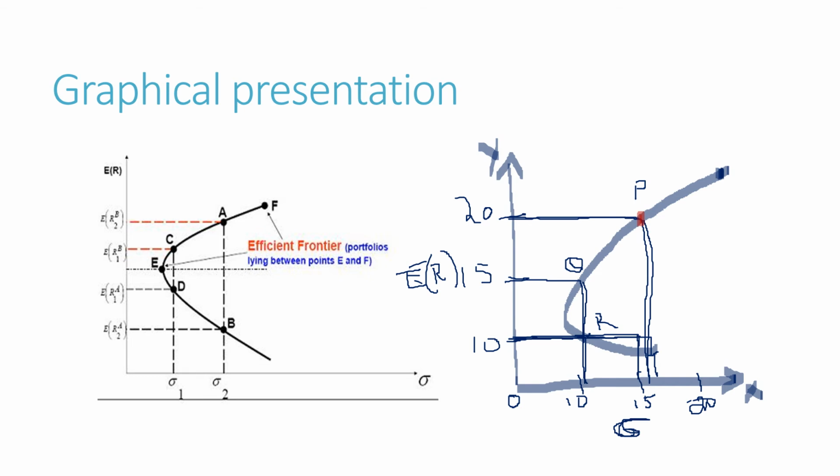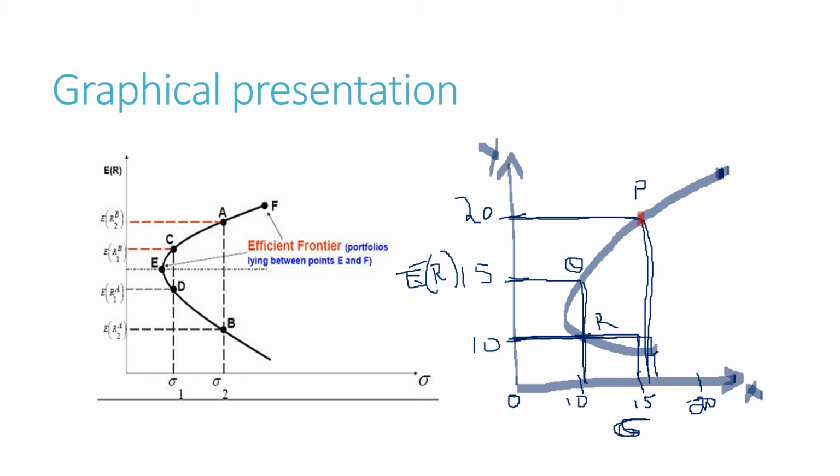For this particular level of risk, 10% risk, the investor is going to get a 10% return, and at the maximum he can get up to 15% returns, not beyond that. He is not able to get 20% return with the 10% risk he has taken.